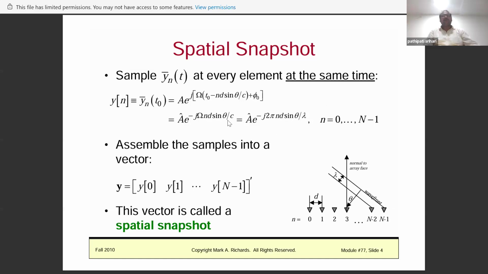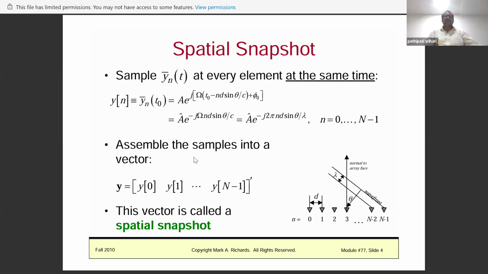So how does this become so? If I write c equal to f lambda, then this term becomes e power minus j 2 pi f, and then with c equal to f lambda, f gets cancelled, and then you get 2 pi nd sine theta by lambda. Here omega is written as 2 pi f, and with c equal to f lambda, f is cancelled, and then you will get this.